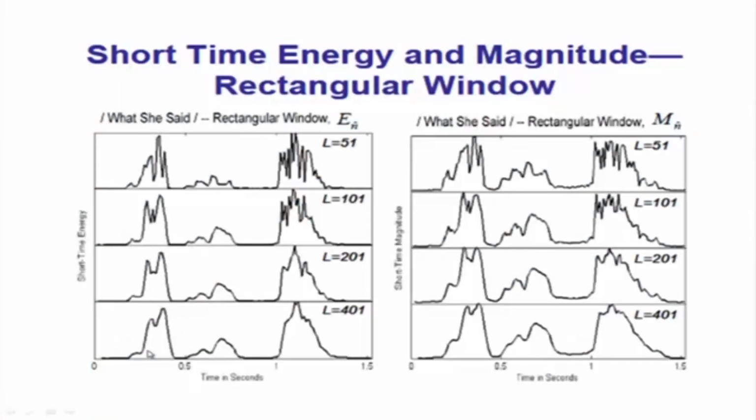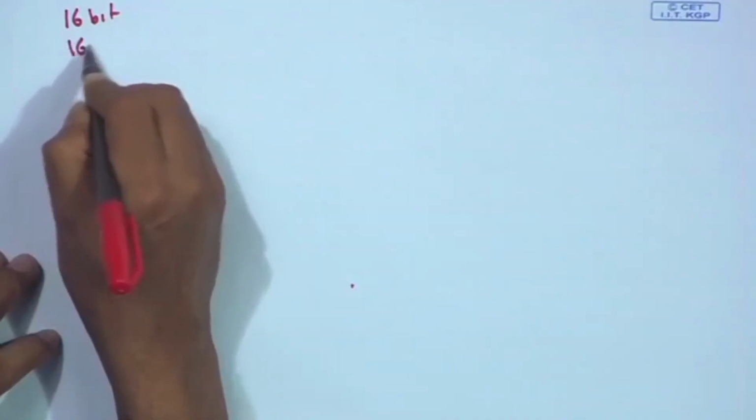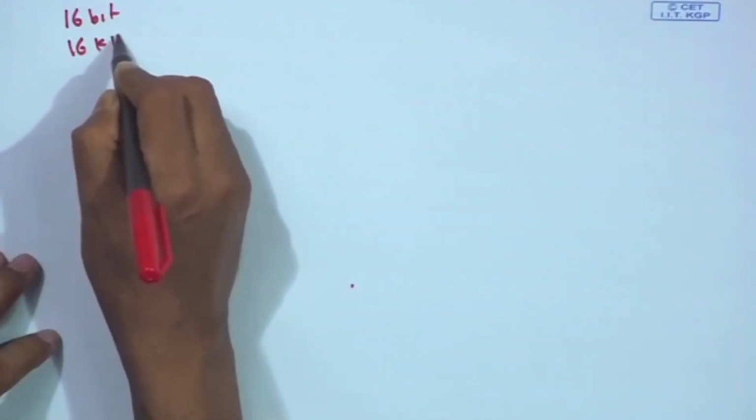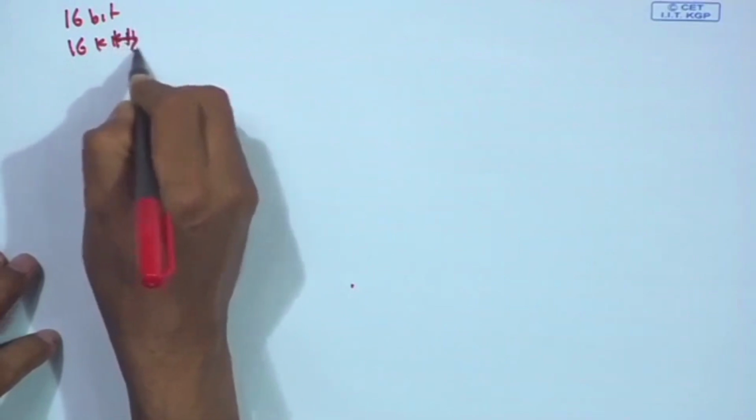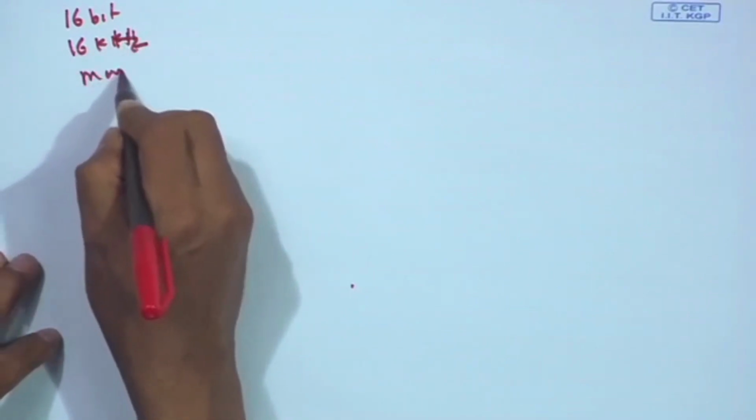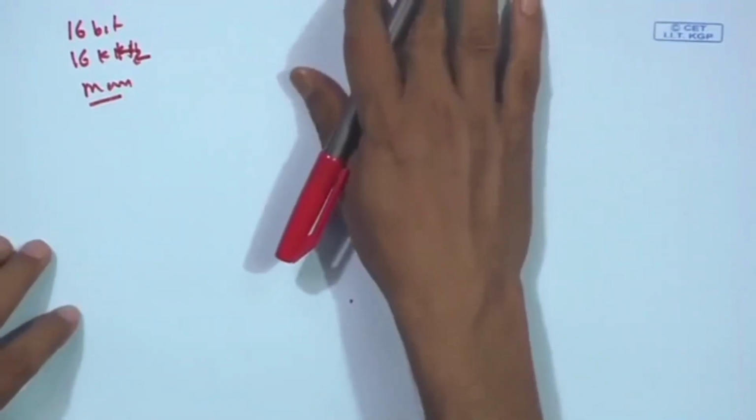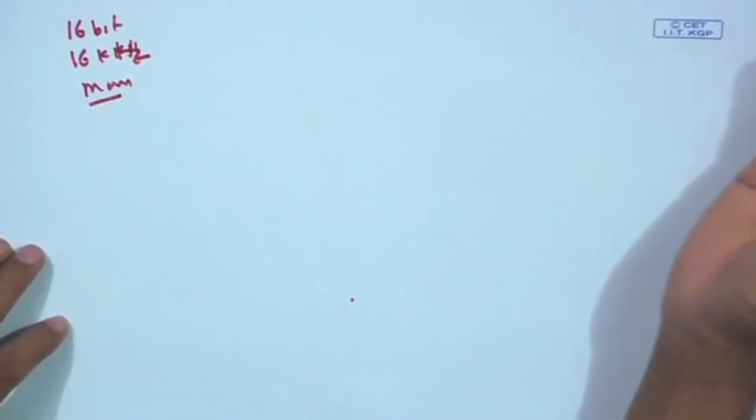You can extract E[n] after recording your name. So, I give you the problem. The problem is: record your name in 16 bit, 16 kilohertz, mono. You can use CoolEdit or Praat to record it.